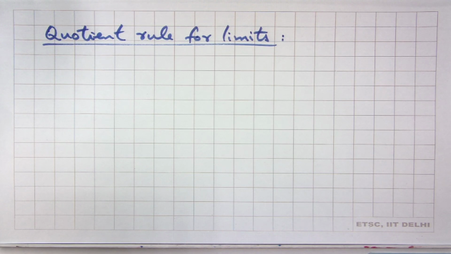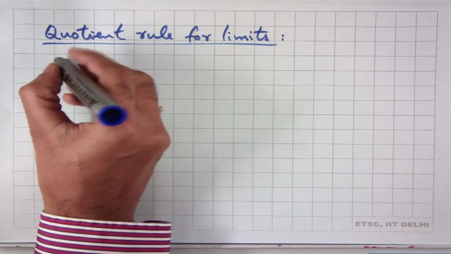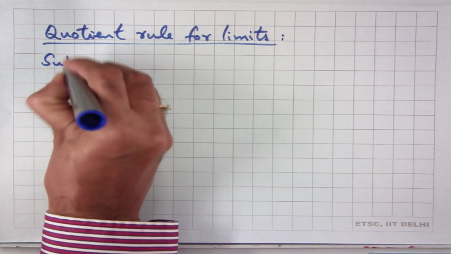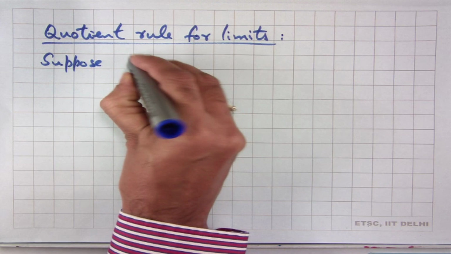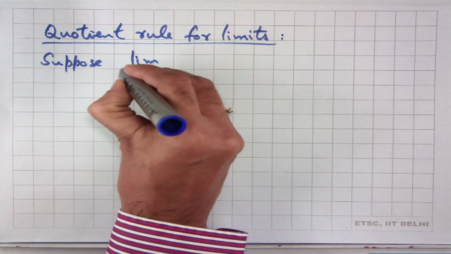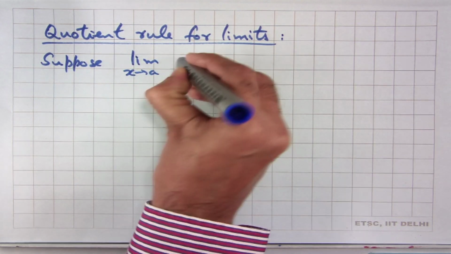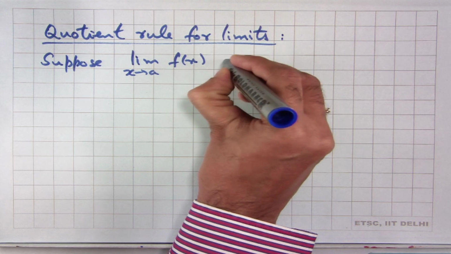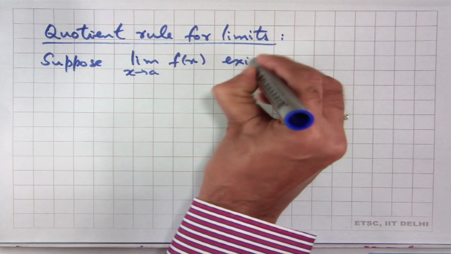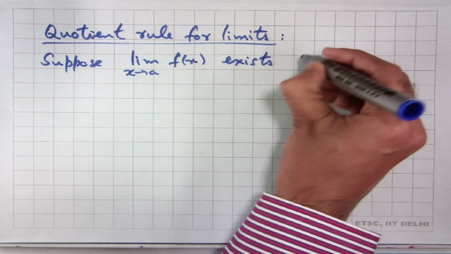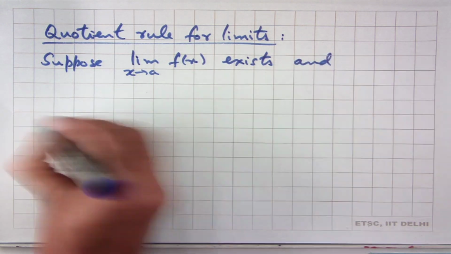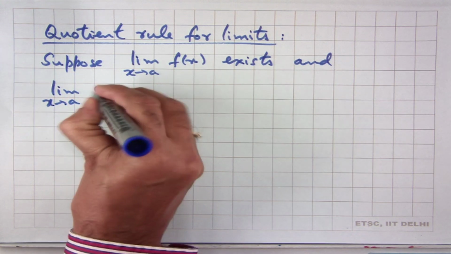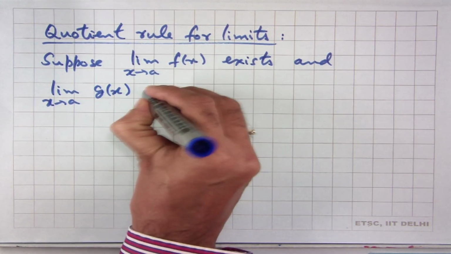So, suppose limit of x going to a f x exists and limit x going to a g of x, this also exists.